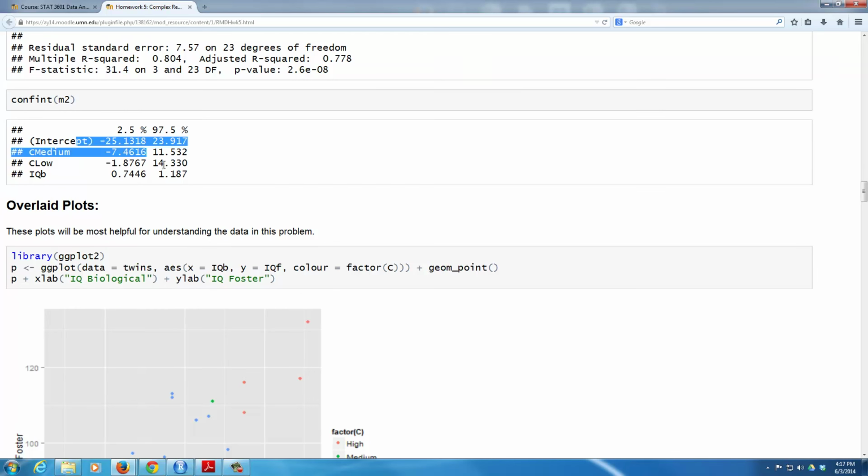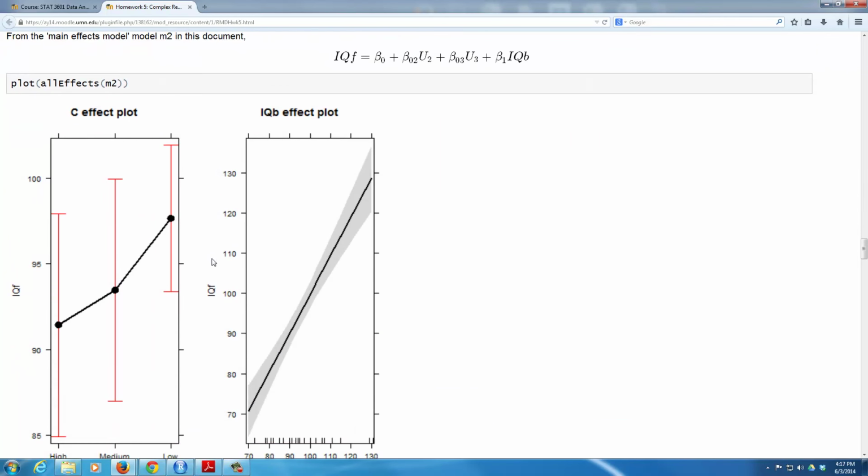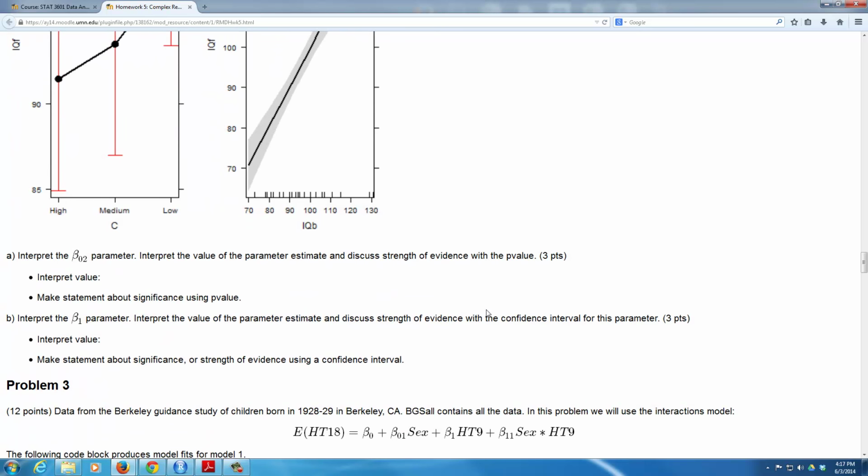And then we have confidence intervals for these parameters. Let's take a look at our questions. Oh, and here's the effects plot. You can see the benefit from getting out of the low social class environment on the social class variable, and you can see the strong upward pattern correlation between the two IQs.